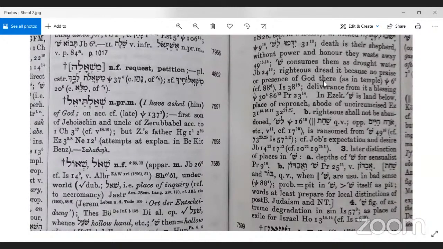They waste away. You know, I think they're focusing people's attention on what will scare them. Yeah, sounds like it. See, look, consumes them as drought water. Righteous dreaded because no praise or presence of the Most High there, as in the temple. That's them talking, right?